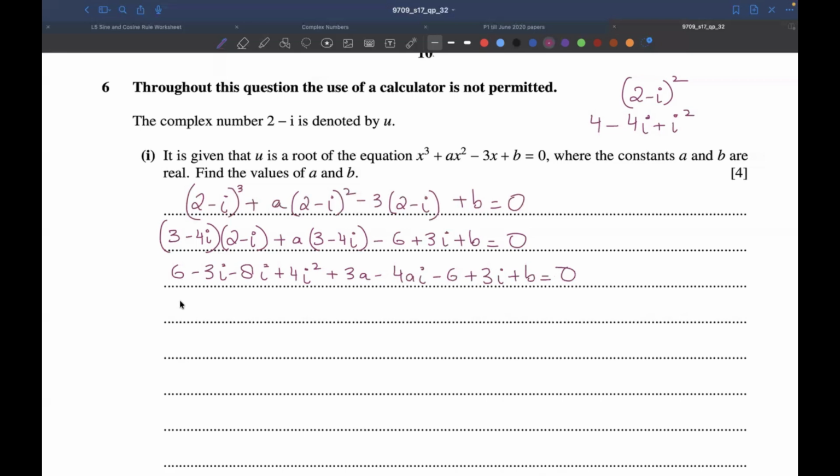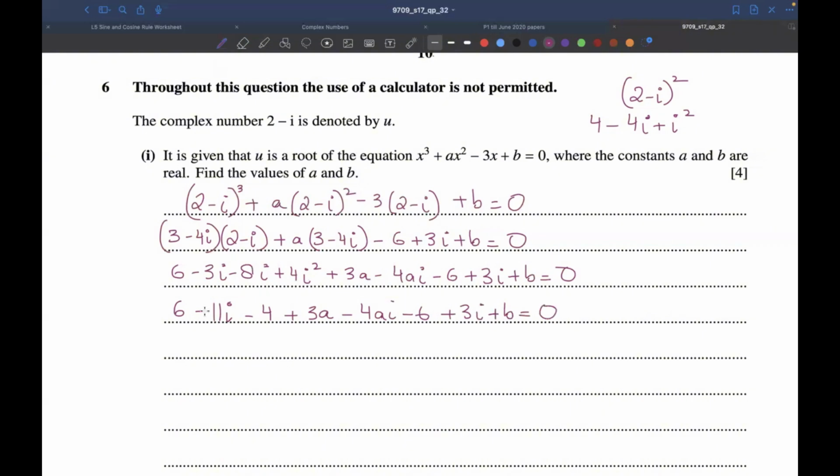Simplifying, we'll have 6 minus 3i minus 8i, which will become minus 11i. We know that i square is minus 1, so this will become minus 4 plus 3a minus 4ai minus 6 plus 3i plus b equals 0. Minus 11 plus 3 will become minus 8.